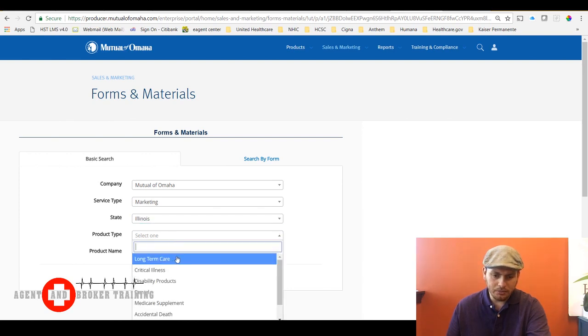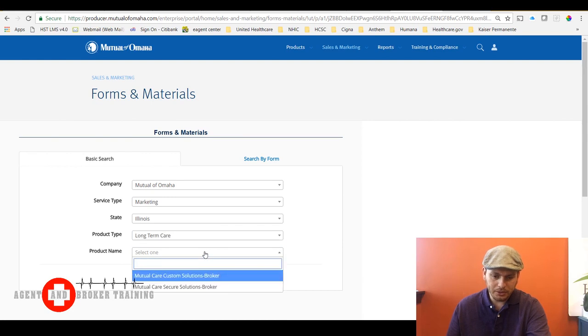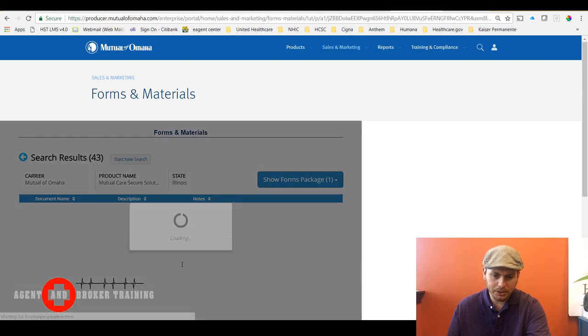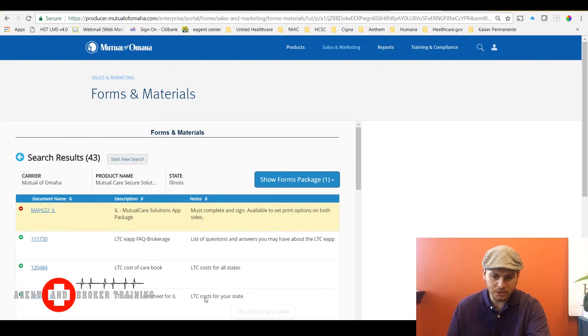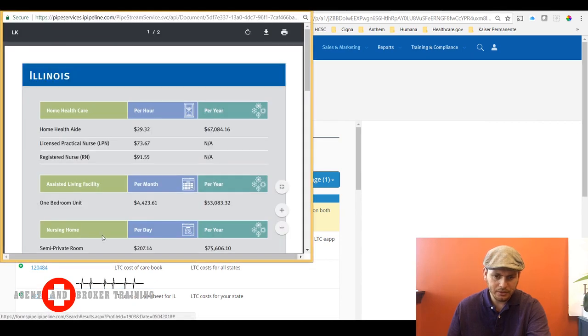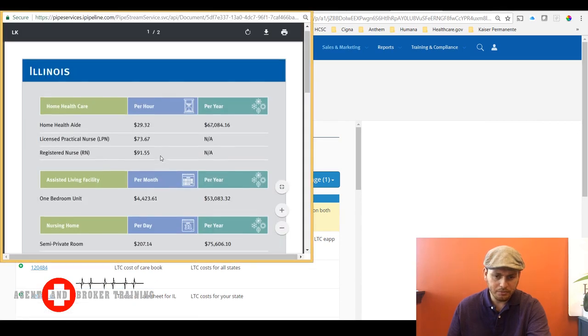We're going to go long-term care, and then we're doing Mutual Care, Secure, broker. Okay, search, and then just control find cost of care in your state, right? Okay, here we go. Bam.